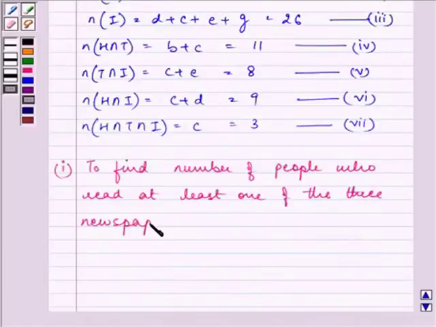That means we need to find the number of people in H union T union I.